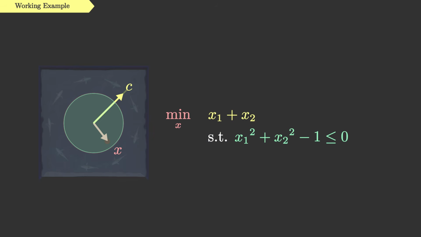One thing we would love to do is somehow get rid of the constraint. Indeed, if this constraint did not exist, then we would just have an unconstrained convex optimization problem, and we have discussed those in detail in the previous video.